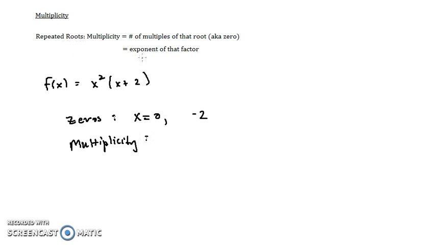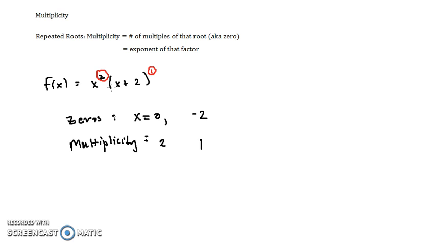So in other words, it's the exponent. So for 0, our multiplicity is the exponent right here. Our multiplicity is 2. So at 0, we get multiplicity 2. And at negative 2, our multiplicity is the exponent right here, and whenever there's no exponent, it's implied to be a 1. So our multiplicity for negative 2 is 1.